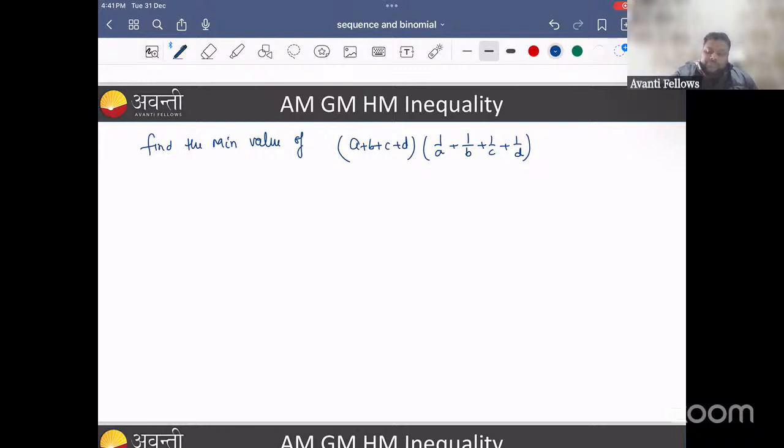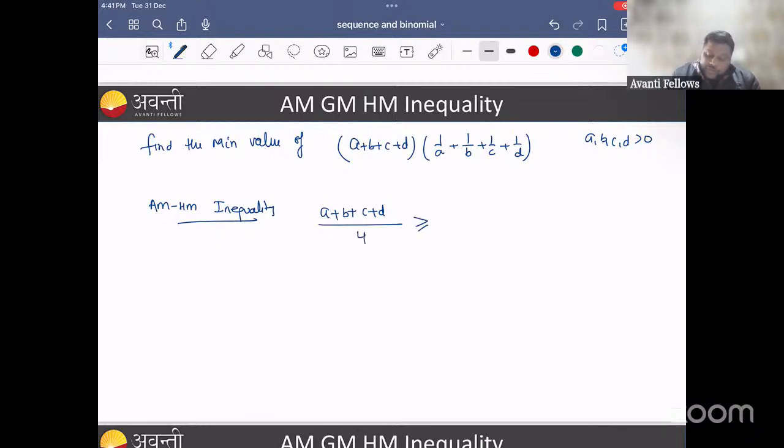Now see, again if I apply AM-HM inequality, needless to say in the question they are saying A, B, C, D are positive. So if I apply AM-HM inequality, AM is A plus B plus C plus D by 4, which is more than or equal to their harmonic mean.